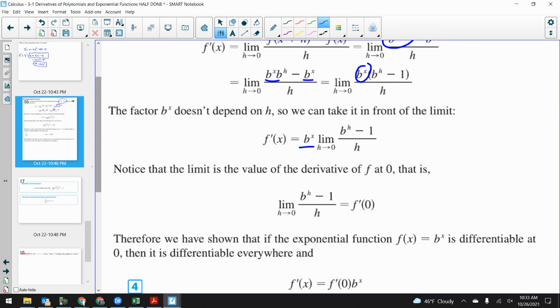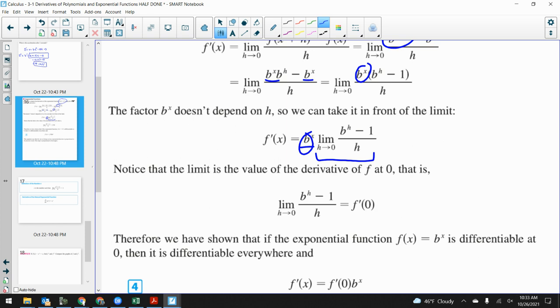So the value of the derivative, when I plug in x equals 0, ends up canceling this term and ends up with just this piece here. So that's really interesting. I just said the value of the derivative at 0. We just calculated that, right? So f prime of 0 is going to be equal to that thing.